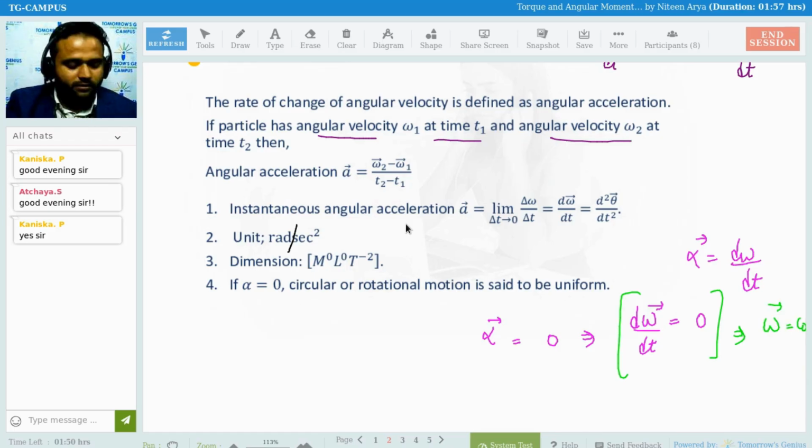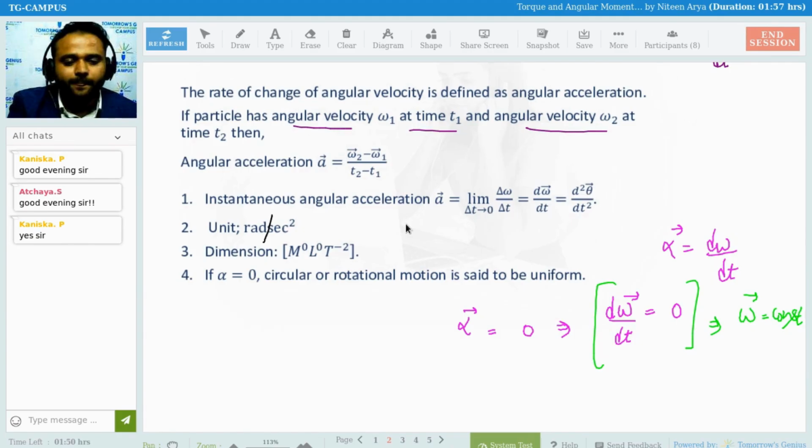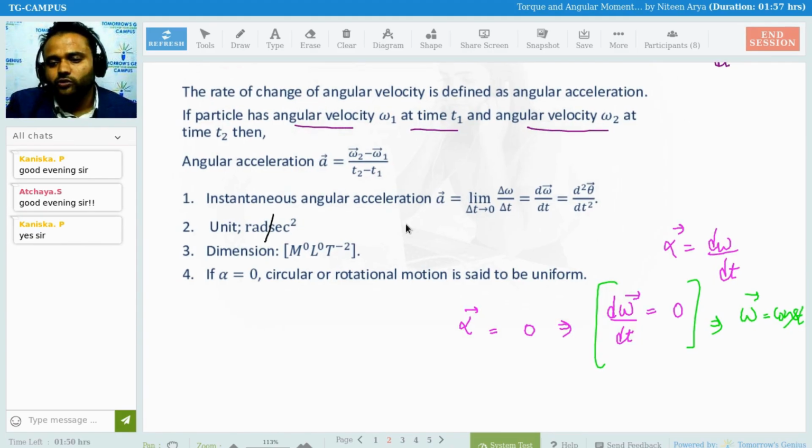Like in uniform motion, acceleration is 0. In the same way, if alpha is 0, omega is constant, meaning angular velocity is not changing. So the circular or rotational motion is said to be uniform. Is this clear, everyone? That is very easy to understand.